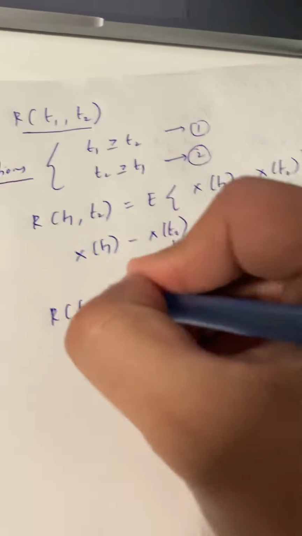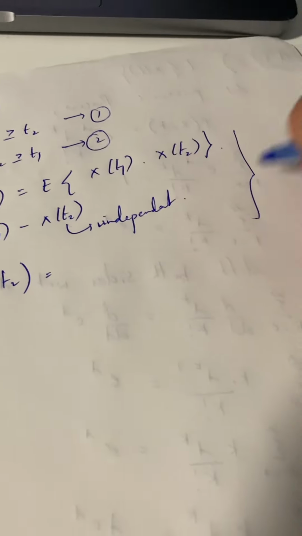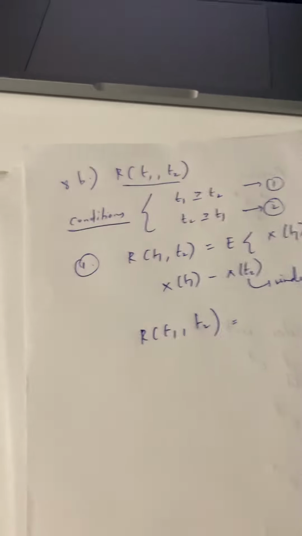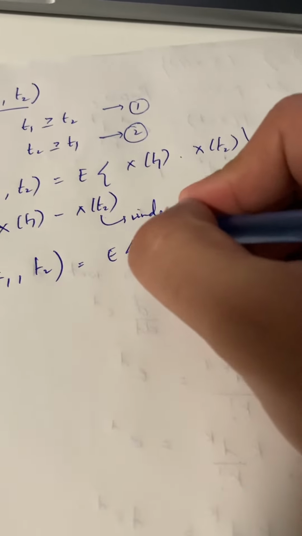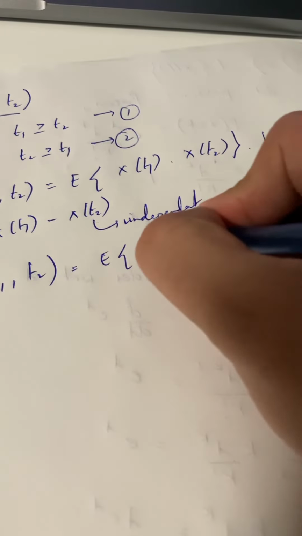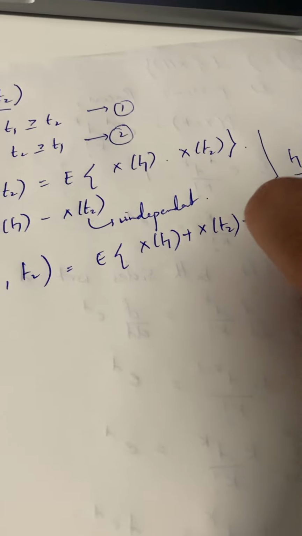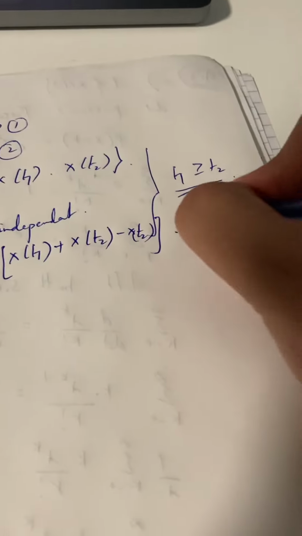Hence R of T1 comma T2 is equal to, here we are considering the first case, when T1 is greater than or equal to T2, E of x of T1 minus x of T2 plus x of T2, into x of T2. I'm adding and subtracting x of T2.